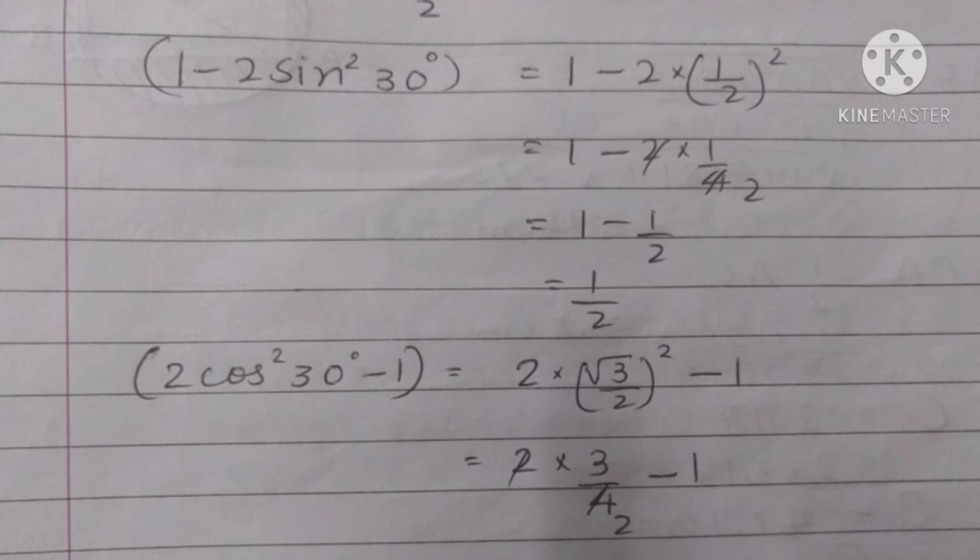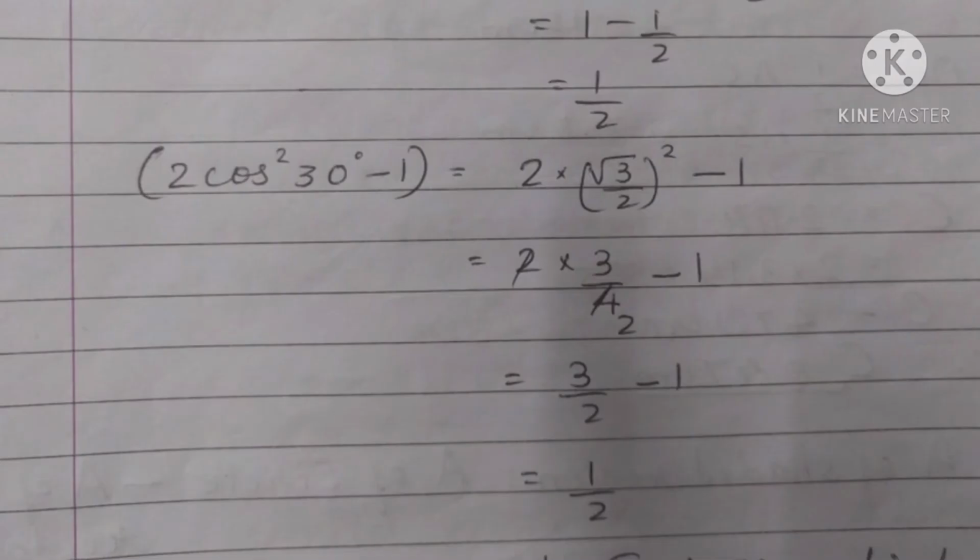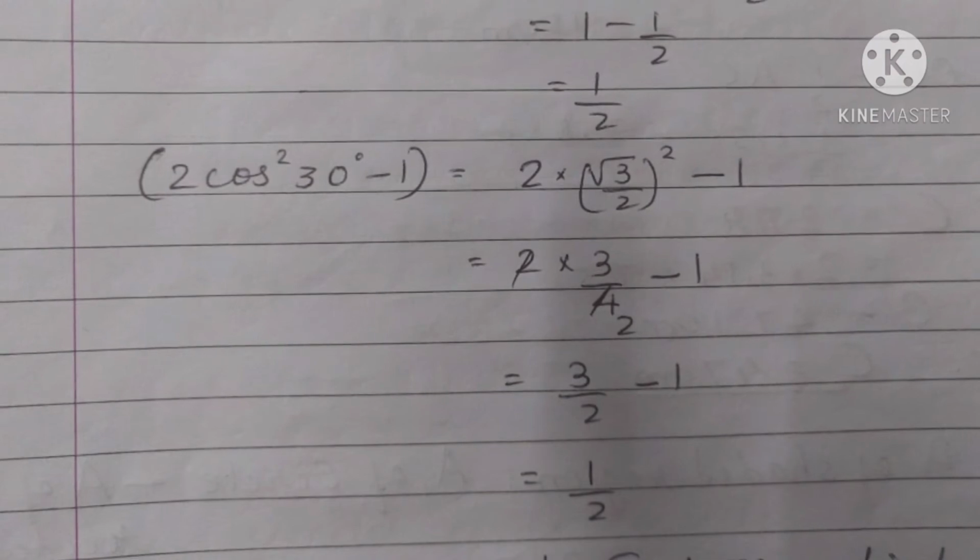So 3 by 2 minus 1, and we all know 3 by 2 minus 1 is 1 by 2. So likewise I have shown here all 3 values are equal to 1 by 2. So we have verified the question as per the given. So now let us take our question number B.